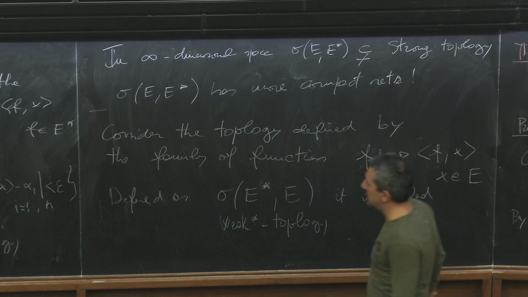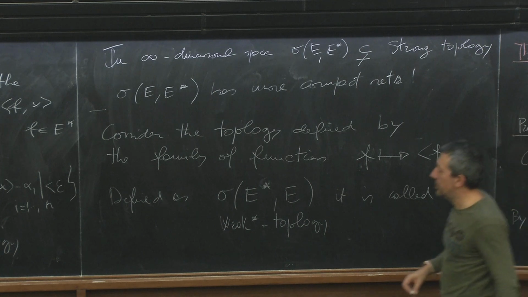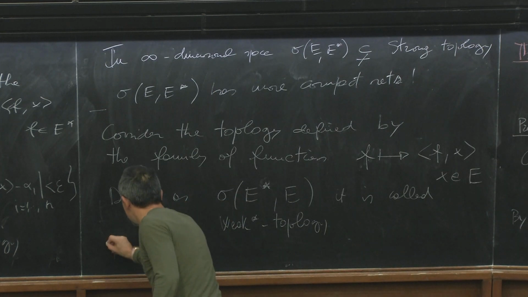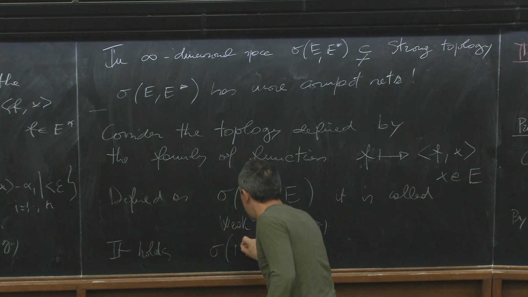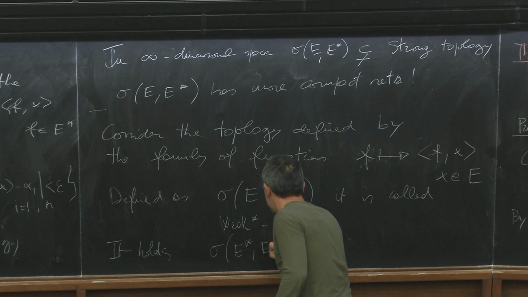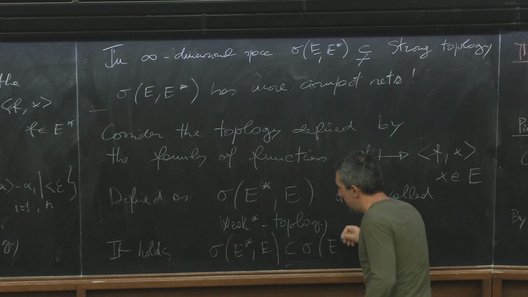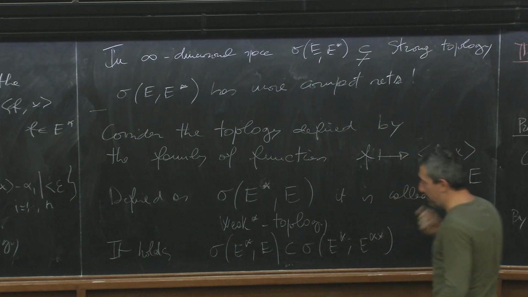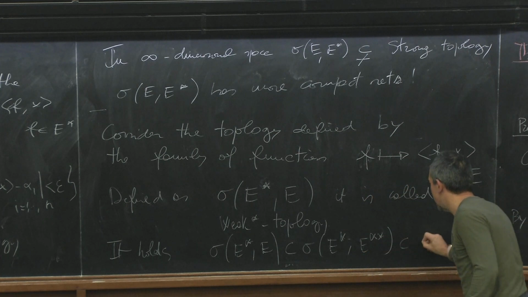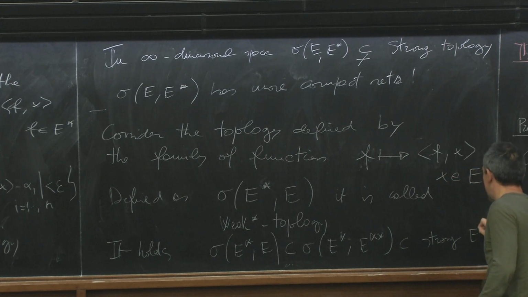So in E star we have another topology. We have that the weak star topology is contained in the weak topology, which is contained in the strong topology on E star.